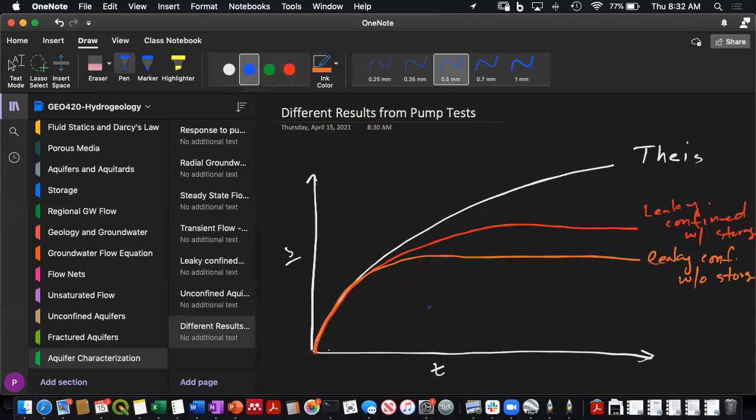And then finally, I'll do an unconfined response that would look very similar to the leaky confined without storage, but then would increase at late times like a Theis. So this is unconfined.